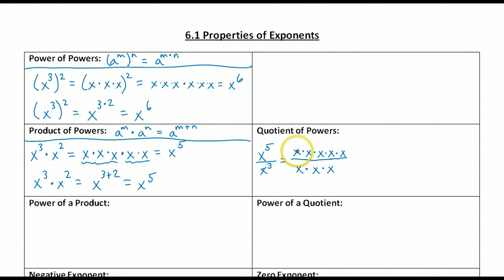Whenever I have x over x, that just is 1, so I can cancel it out. So I can cancel out 3 x's in my numerator and 3 x's in my denominator, and I'm left with just x squared.